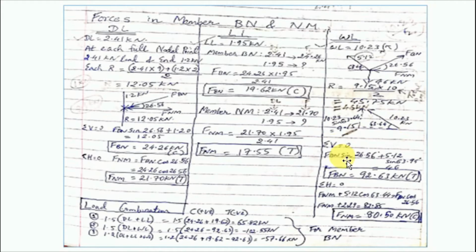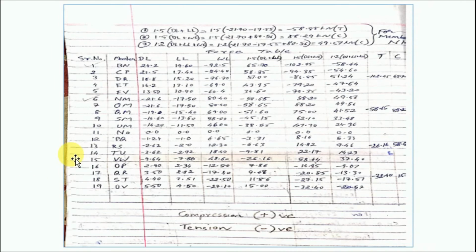In component we are getting FBN and FNN as tension and compression. So here is just a calculation of one member's forces. The other member forces you need to calculate and get in the table.